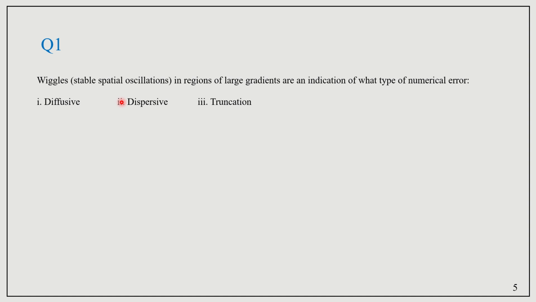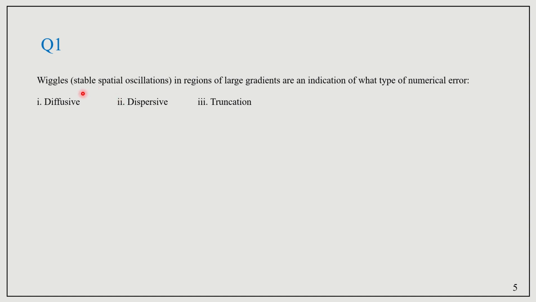Whenever it results in the appearance of spurious oscillations, we say it occurs due to the dispersive error. It basically results in different wavelengths propagating at different speeds, and because of that phase error in waves, all of those come under the dispersive error.